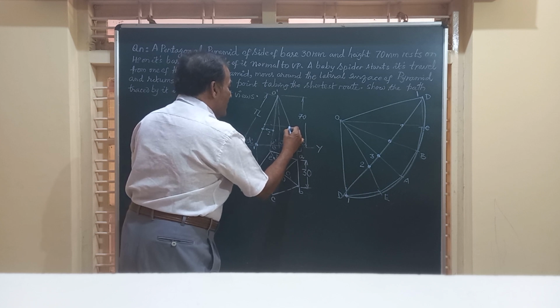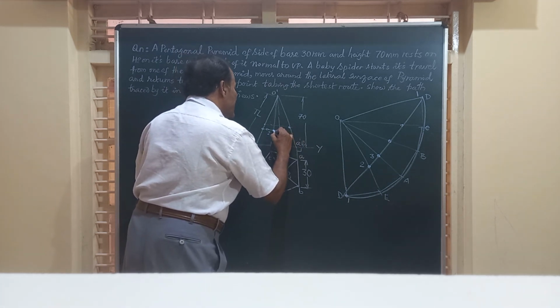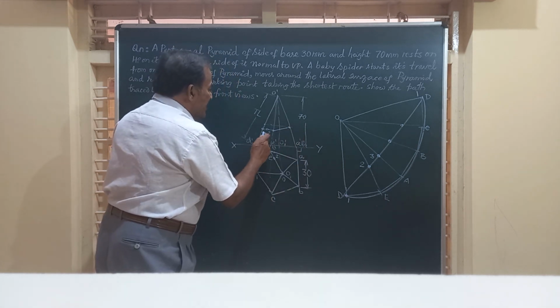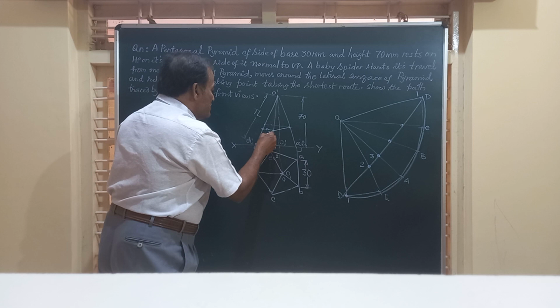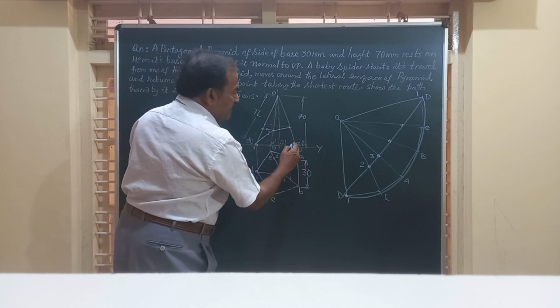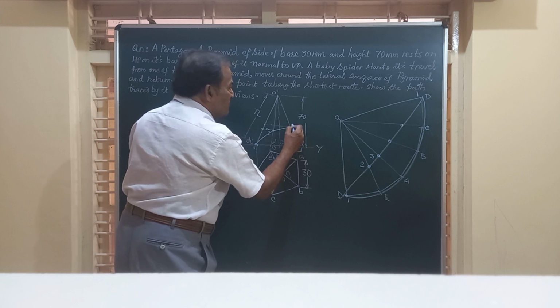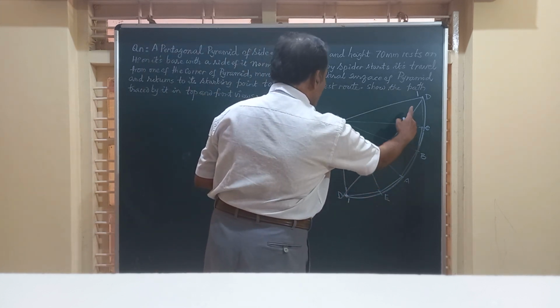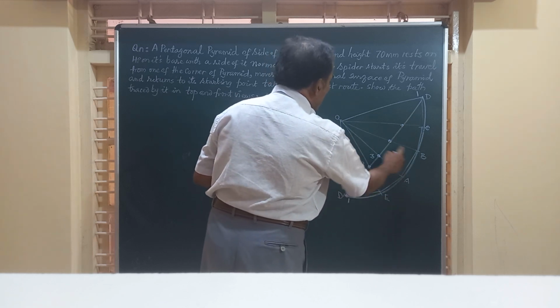So this is the point. So it has moved from there to this. It has started from 1, moved to point 2, from 2 it has moved to this A, that is point 3.